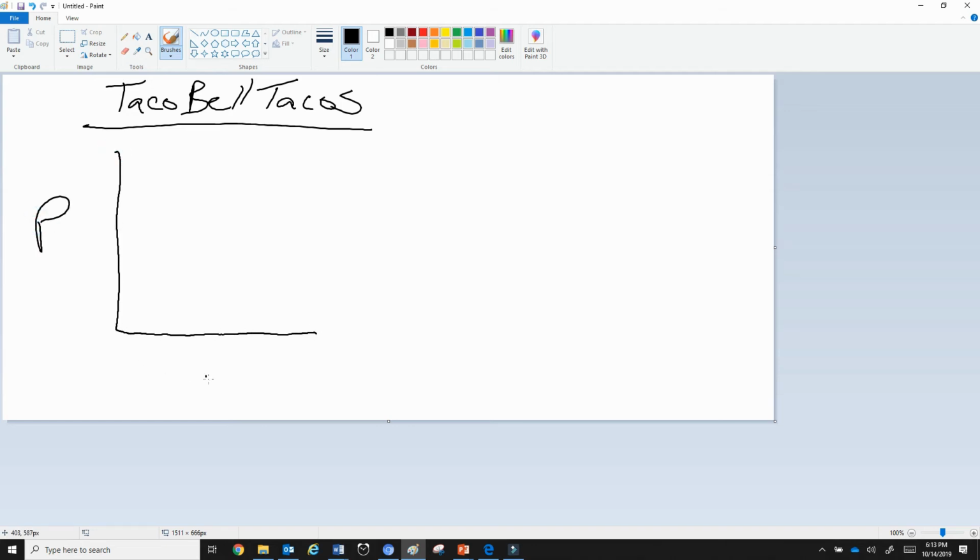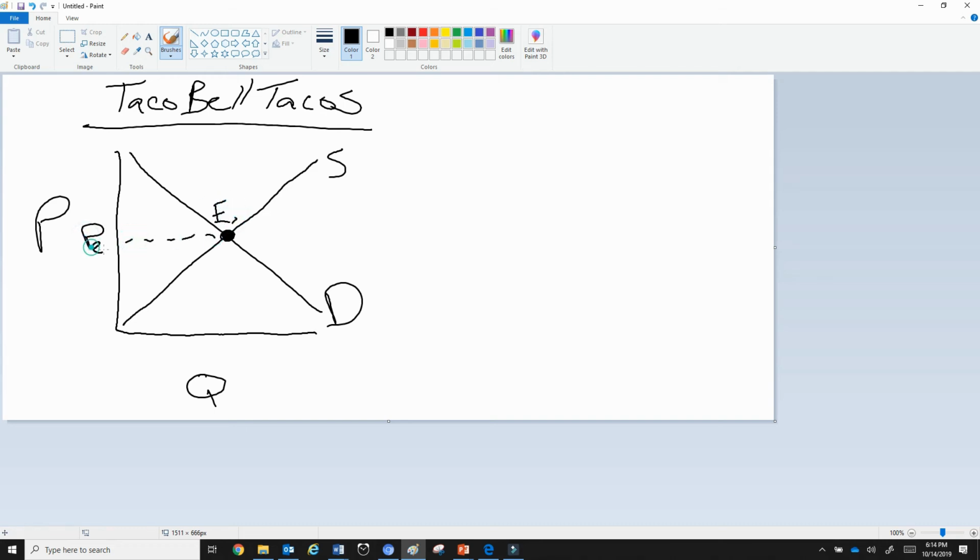We've got our price and our quantity. You'll see it looks just like our last graph. We've got supply. We've got demand. We know equilibrium is right here. We're going to label that E1, and then PE1, and QE1. Oh, that is ugly. QE1.